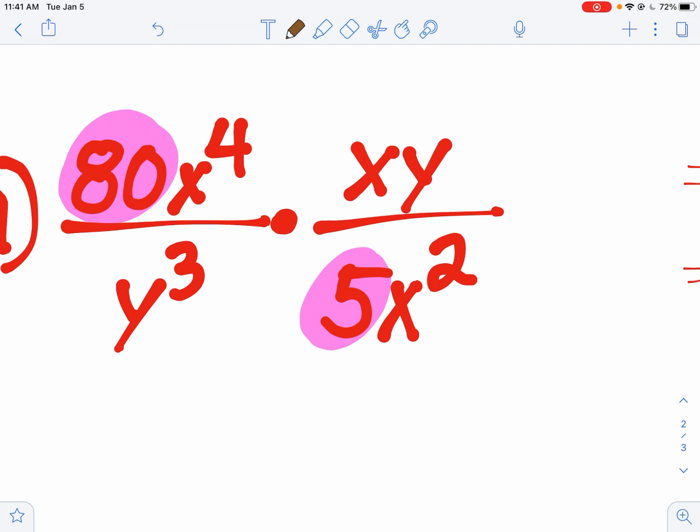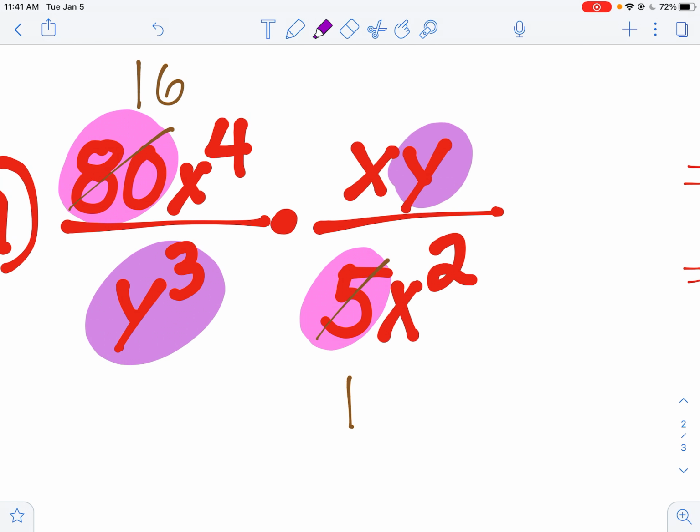So 80 over 5, I know 5 goes into both of them. This becomes 16. This becomes 1. Okay. And then I can keep going here. I've got y to the third down here, and y. Again, I can cross-simplify. That's exactly what I did before, so nothing brand new going on here. 3 minus 1 gives me y to the second, so just get that out of the way right now.